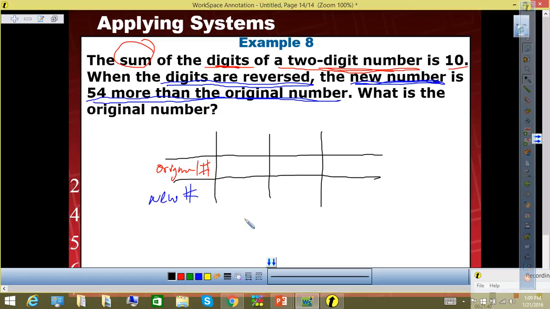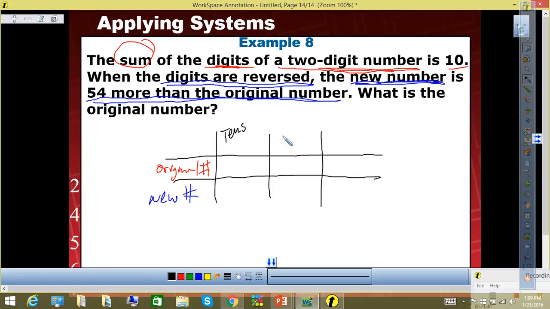Pay attention, please. Since we're dealing with 2 digits, what is the placement that we're dealing with? Very good.